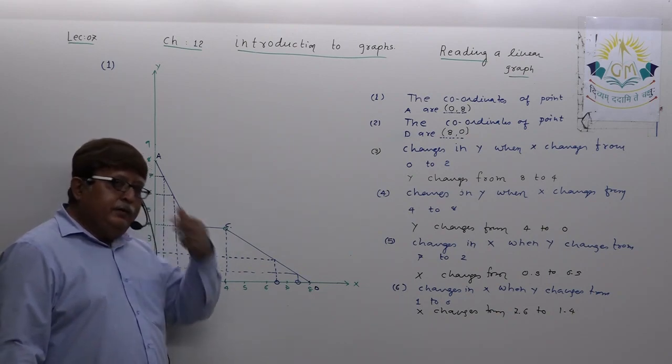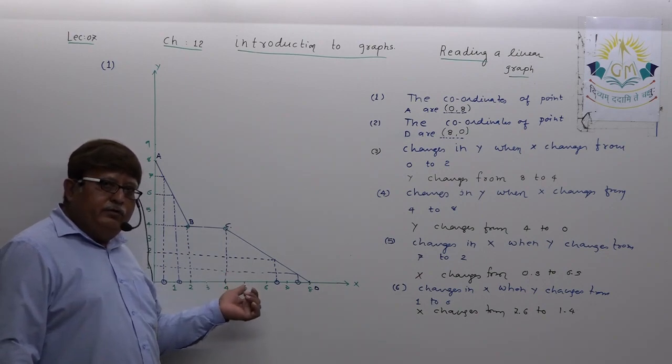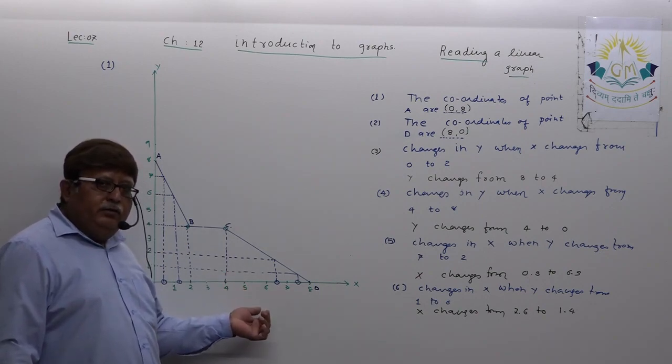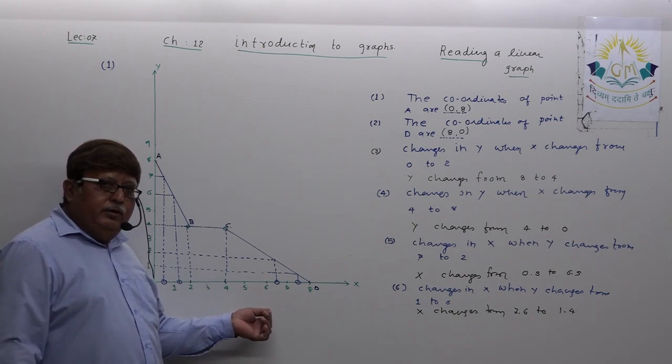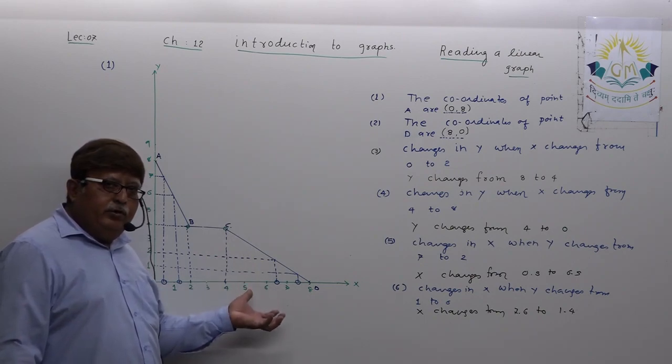Such a question can also be designed that just by seeing the graph and the relation of values of x and y, can you guess which type of relation it looks like?